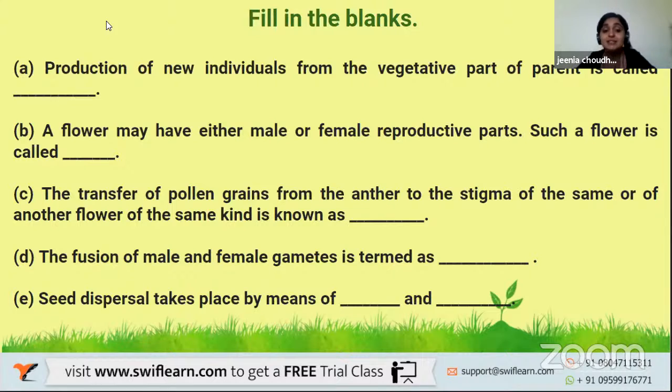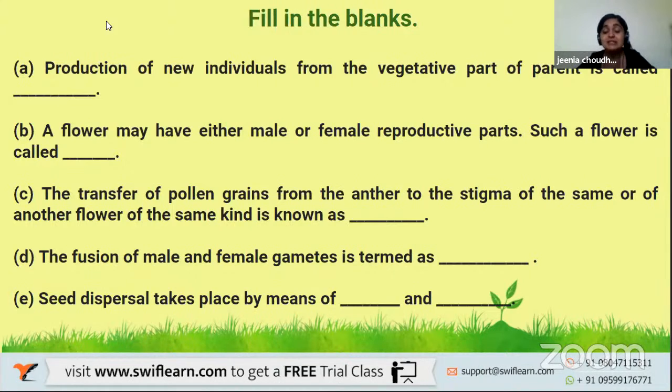The seed dispersal takes place by means of dash and dash. What are the two main ways of dispersal into the environment? It's happening due to wind and water. These are the two main means of dispersal.